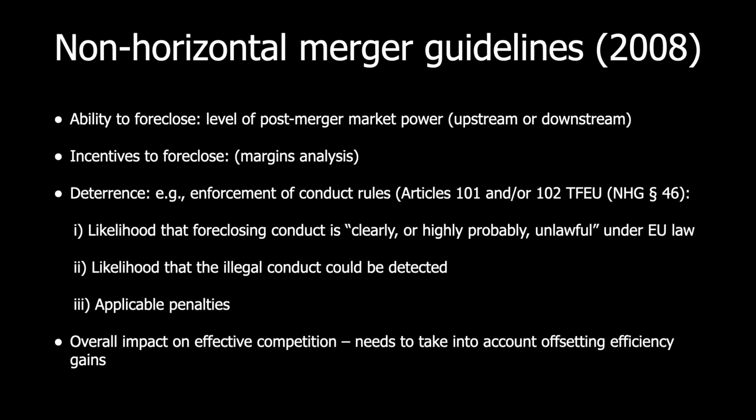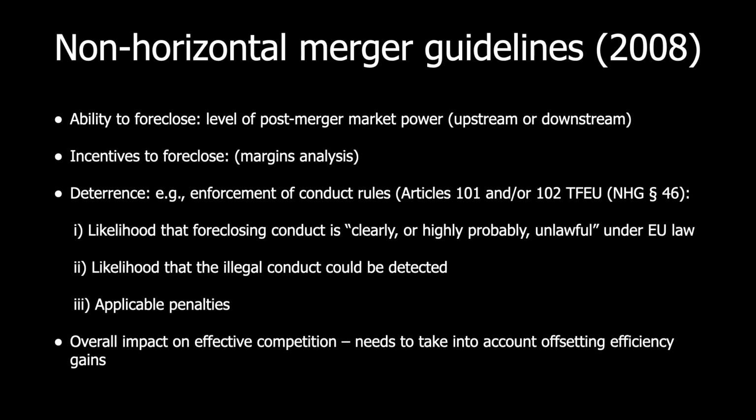On the other hand, the incentive to foreclose is derived from an assessment as to whether the new vertically integrated firm may be led to exercise such market power through anti-competitive foreclosure. As you will be aware by now, a foreclosure strategy is pursued through conduct that may well be illegal under Articles 101 and 102 of the Treaty on the Functioning of the European Union, such as tying, bundling, or exclusive purchasing requirements.